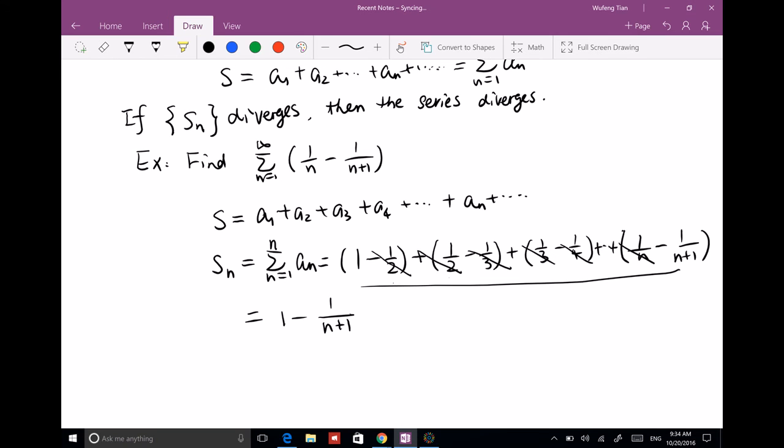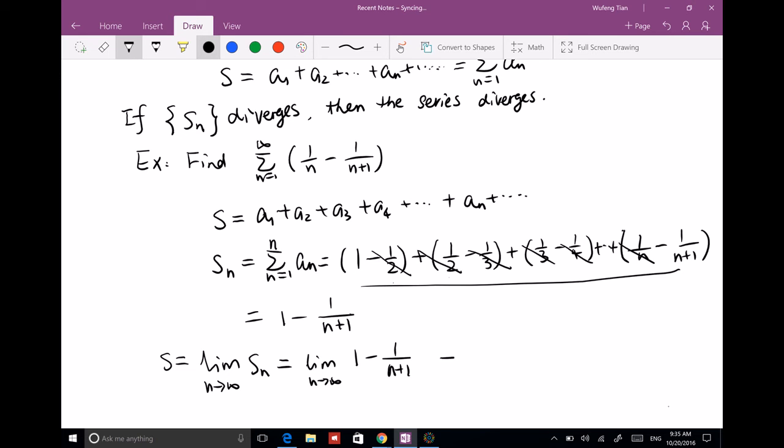So now let's look at what the summation is. As n goes to infinity, Sn is S, right? So S equals the limit as n goes to infinity of Sn, which is the limit of 1 minus 1 over n plus 1.